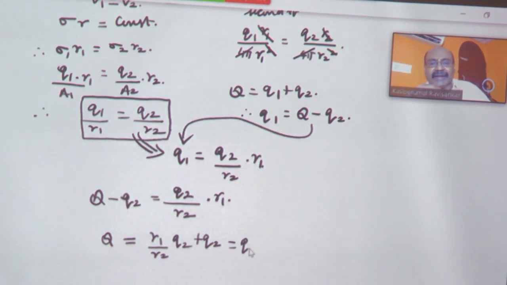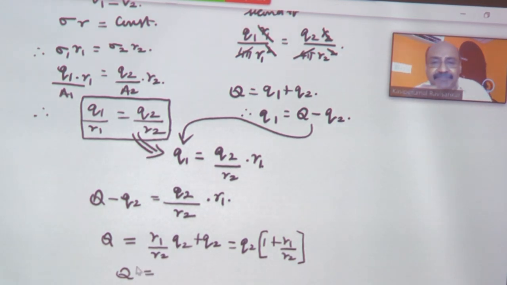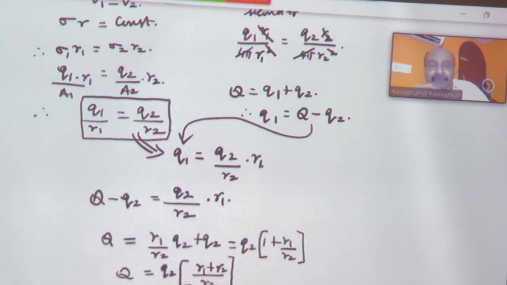Here I can take Q2 as common. I will get 1 plus R1 divided by R2. Or I can write total charge Q equal to Q2 into, if I take the LCM, R1 plus R2 by R2.